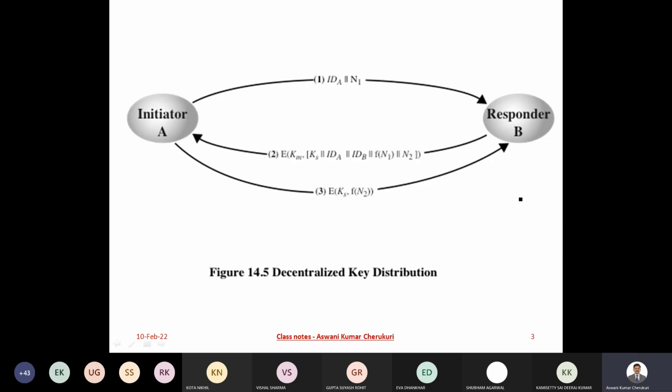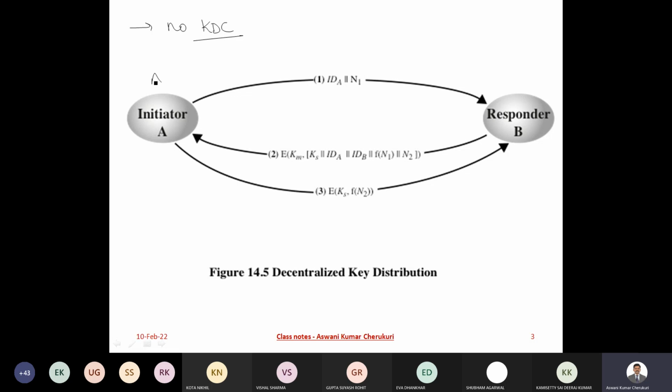You can notice I need not have a KDC. Instead, there is a decentralized distribution scheme for the session key or the symmetric key. In this particular scenario, there is no KDC.